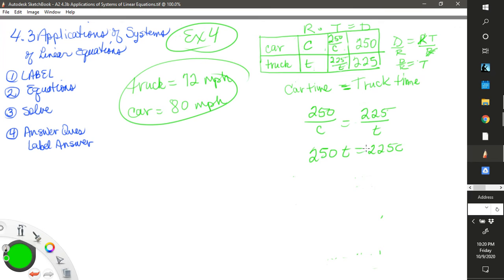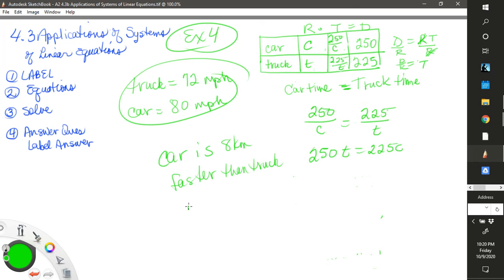We have two variables. We have to have two equations. So what would we have for the second equation? Well, they gave us a little bit of information about the rate. They said the rate of the car is 8 kilometers faster than the truck.